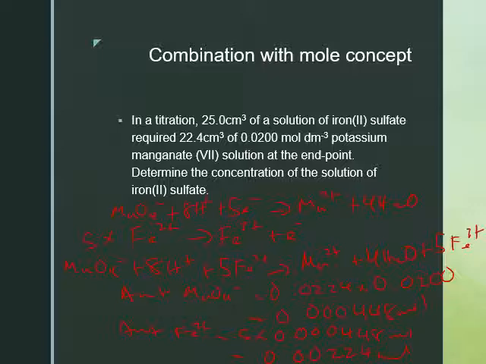So concentration Fe2 plus, which is also concentration FeSO4, equals amount divided by volume. And that's the answer.